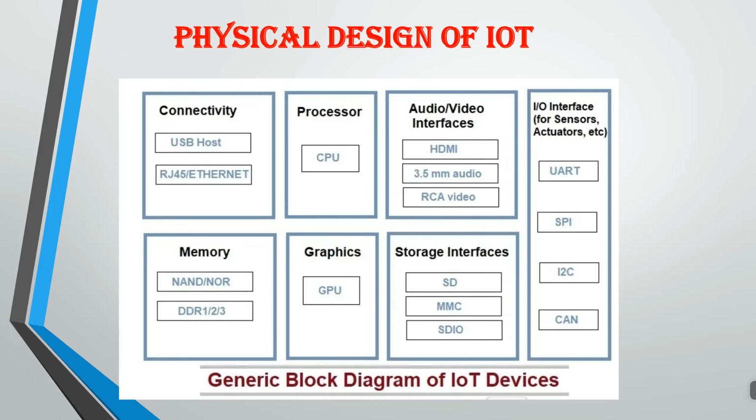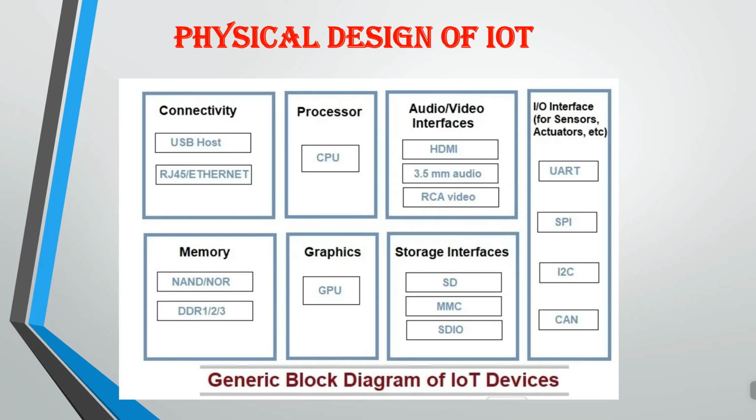And definitely IoT devices require memory. It could be NAND or NOR based memory, or it could be DDR1. Basically, nowadays we have DDR3 memory for the internal operations. Then we have audio video interfaces also. So we have audio interfaces. For video we have either HDMI.